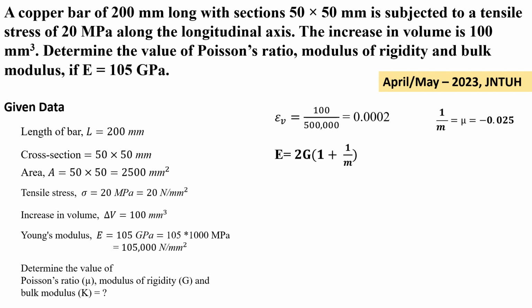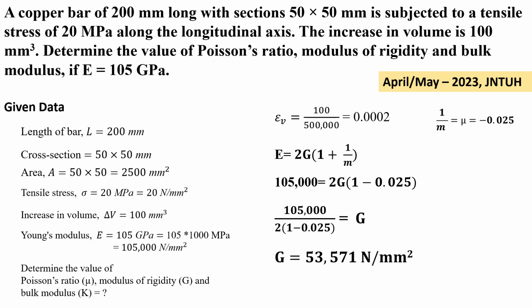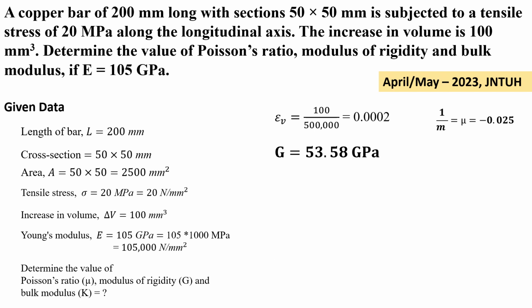Then substitute: 105,000 equal to 2G into 1 minus 0.025. From this we get the G value as 53,571 Newton per mm square. This can be written in gigapascal as G equal to 53.58 gigapascal. So we determined the Poisson ratio and the G value, the modulus of rigidity.